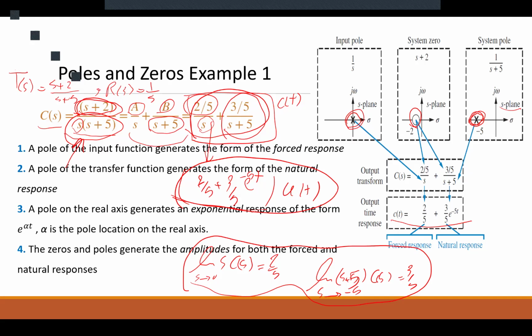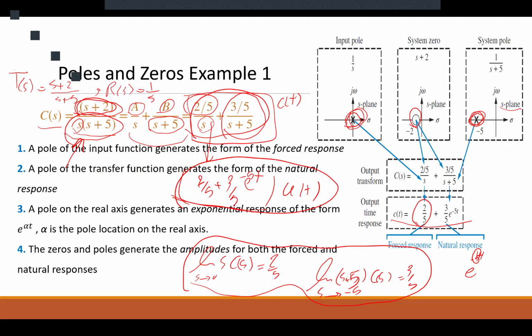How can we find the time function itself? We are always going to have an e to the minus something t. For the first pole, s is 0, so that something, which we call b, is going to be 0. E to the power of 0 is 1. So the first term is going to be 2/5 times 1.